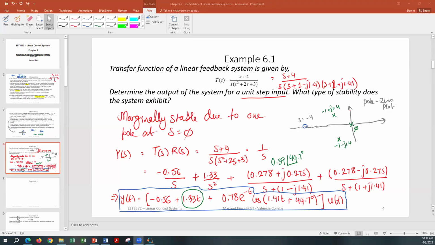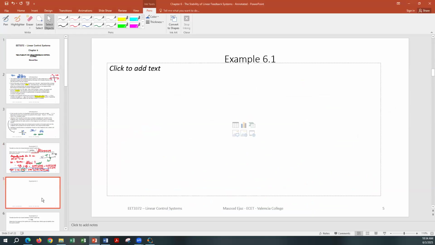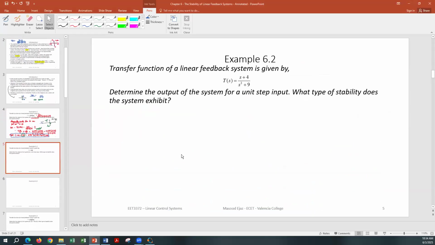Okay, guys. So let's see. This needs to be deleted. Next example. The transfer function of a linear feedback system is given by this function. Determine the output of the system for a unit step input. What type of stability does the system exhibit?